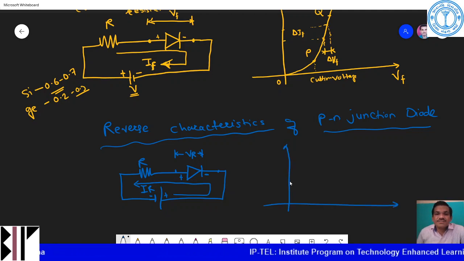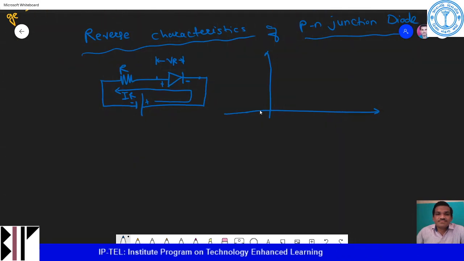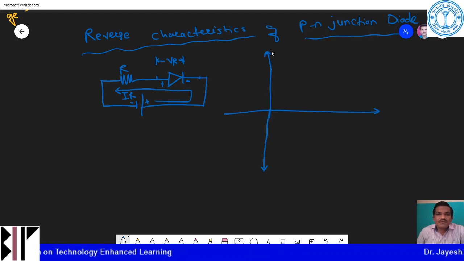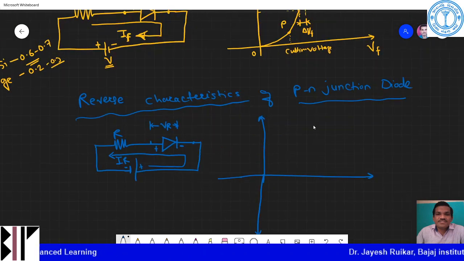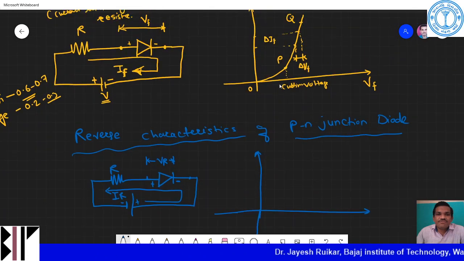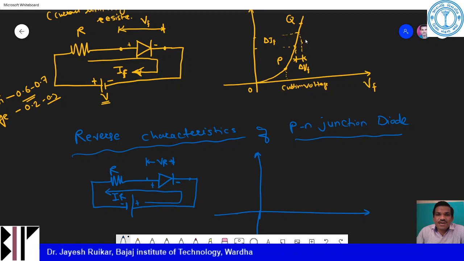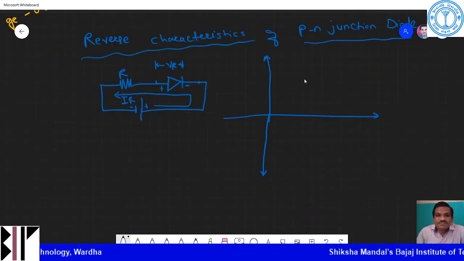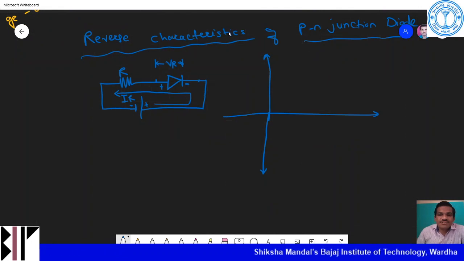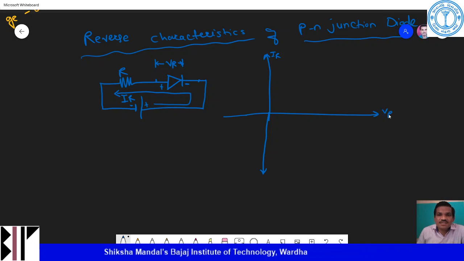The forward characteristics are in the first quadrant, because both voltage and current values are positive. Whereas here I'm drawing the curve in terms of IR, and this is my VR.